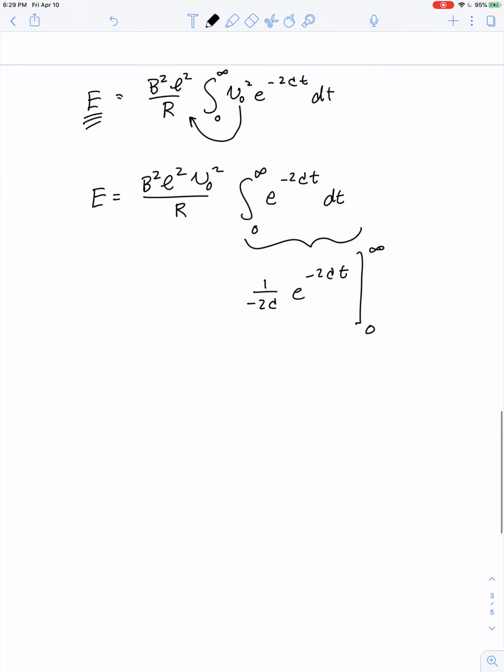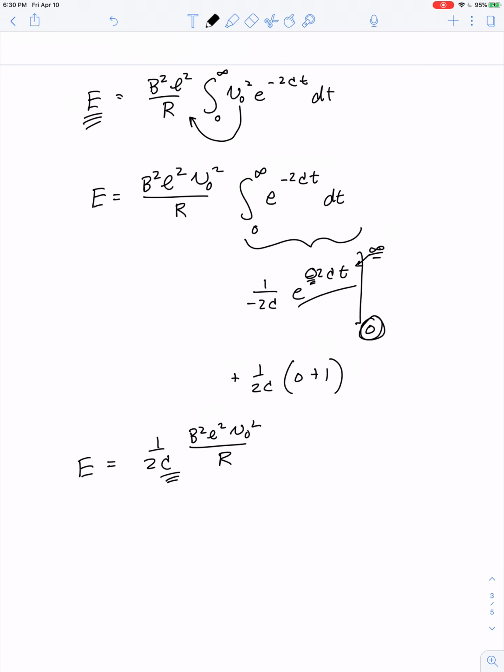Okay, so if we plug infinity in for time, or just imagine plugging in a very large number, because this is a negative exponent, then for very large values of time, we get a solution approaching 0. So we have negative 1 over 2c times 0, and then we plug in the lower bound, e to the 0 gives us 1, so minus 1. So all that does is cancel out the negative sign. So we have the energy is equal to 1 over 2c times B squared L squared V naught squared over R.